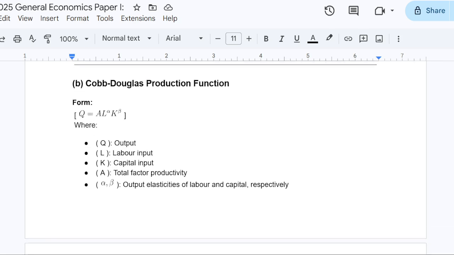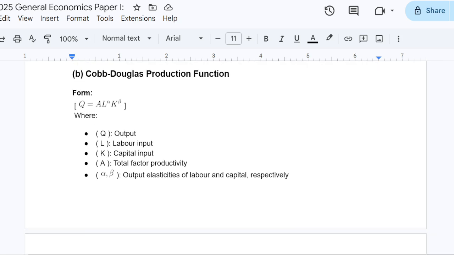Then the Cobb-Douglas production function is also like the same. It is Q equals A times L to the power alpha times K to the power beta, where Q is the output, L is the labor input, K is as usual the capital input, and A is your total factor productivity, which explains the contribution of technology, or you can say this is the Solow residual.